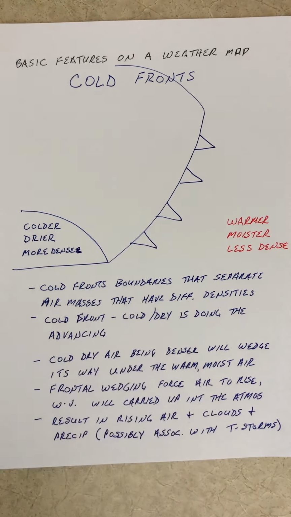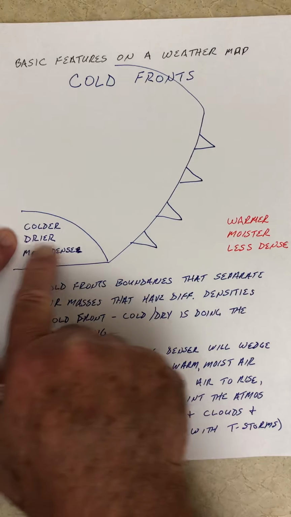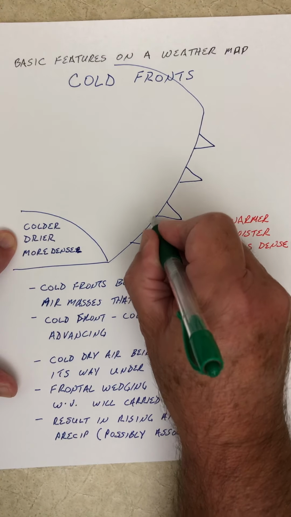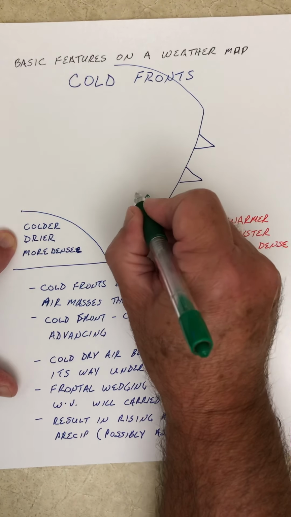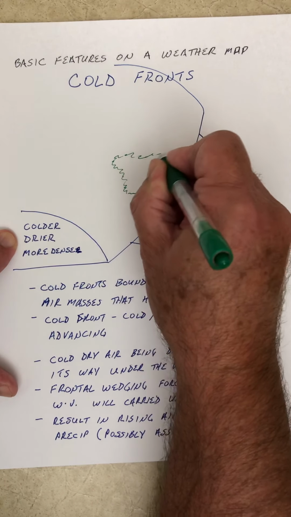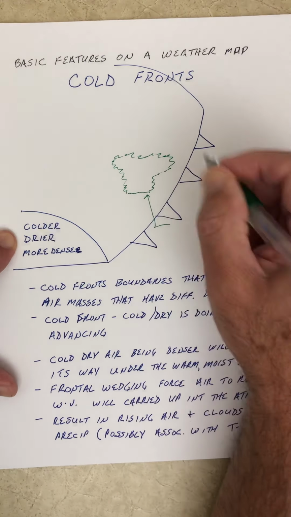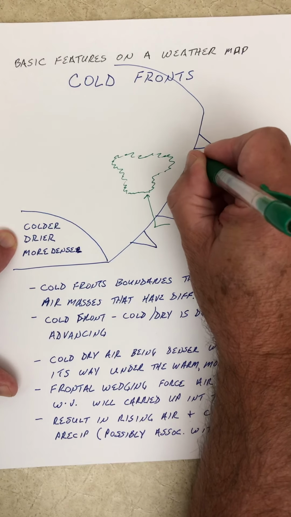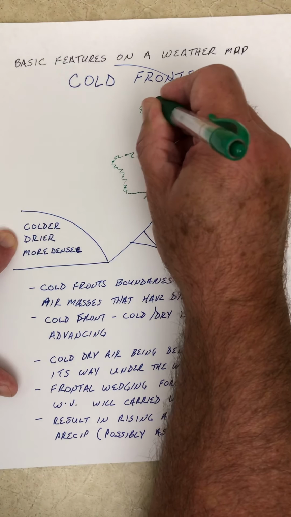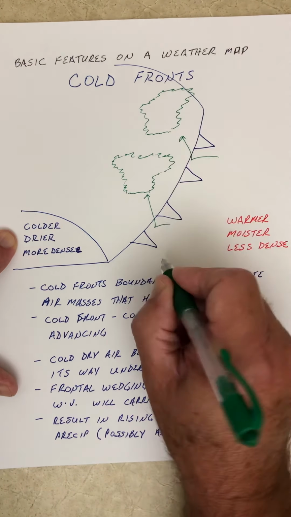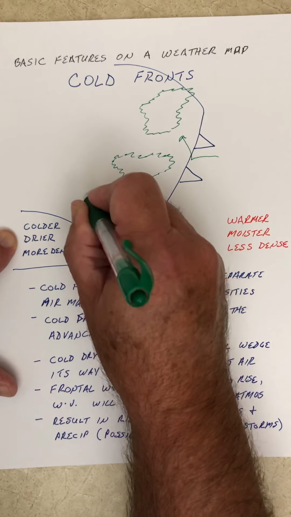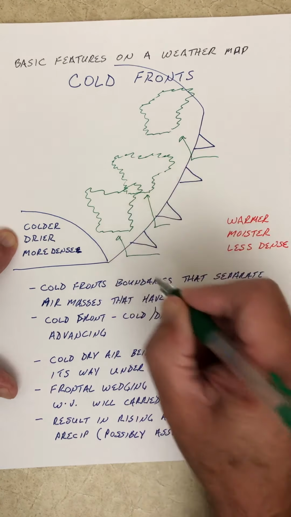So if we come over here, we got the colder, drier air doing the advancing into the warmer, moister air. That's going to force this warm, moist air to rise. As the air rises, you can form clouds, and again, because they're more associated with cold fronts, I'll draw thunderstorm clouds here. So here you got some more warm, moist air being forced to rise. And so here we got some thunderstorms forming. I'll draw another one down here. Cloud base, you get that thunderstorm cloud forming.